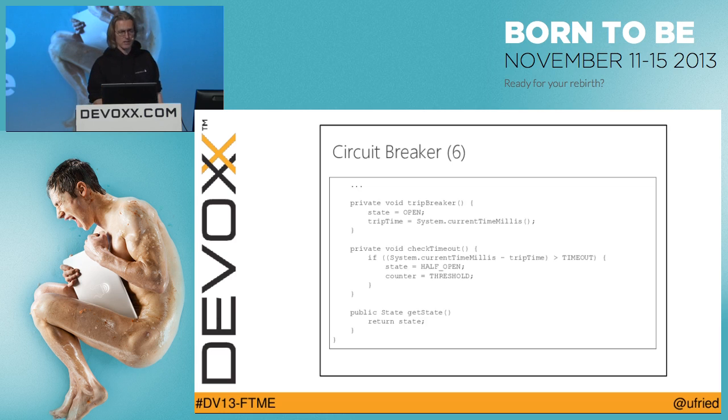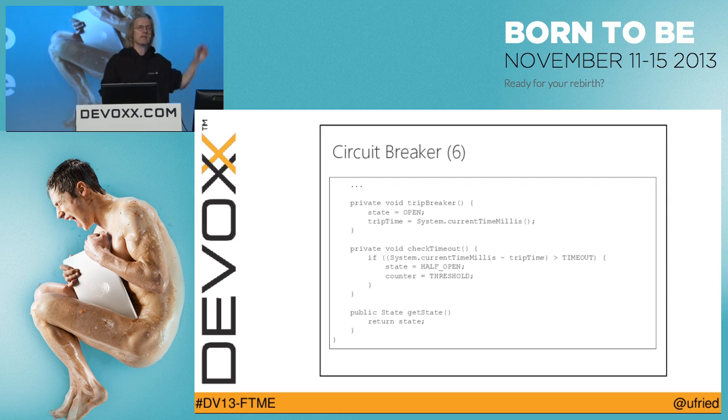Checking the timeout is quite straightforward. If the timeout is exceeded, then I switch my state to half open, and actually the core implementation here is that I change my counter to threshold. So the next call will either go above threshold again or will reset everything. So it's a straightforward implementation.